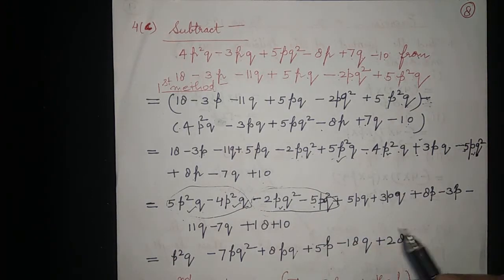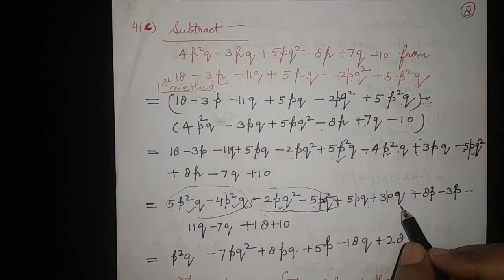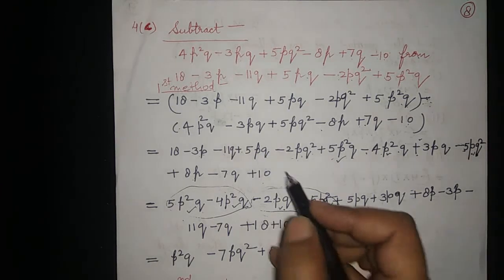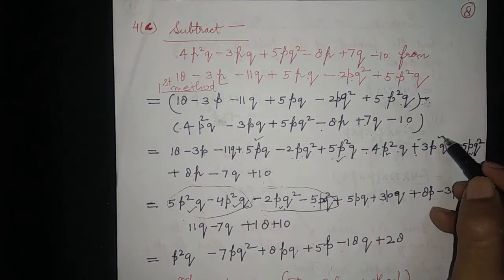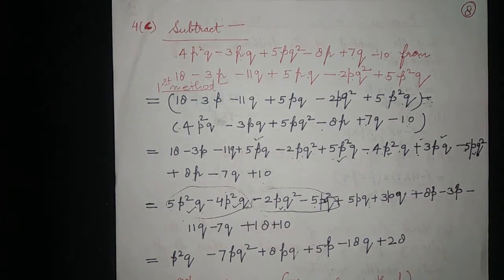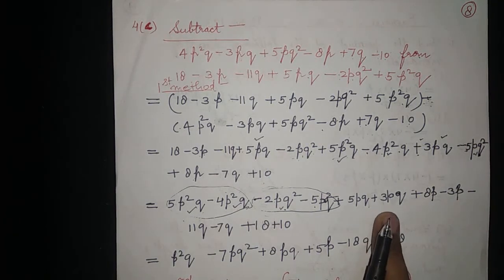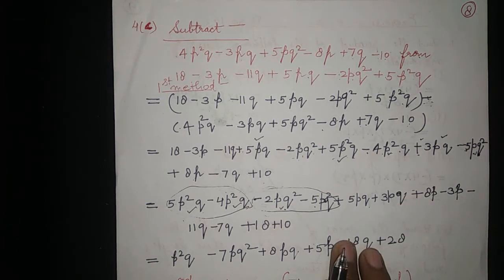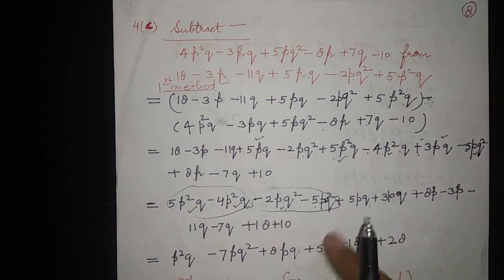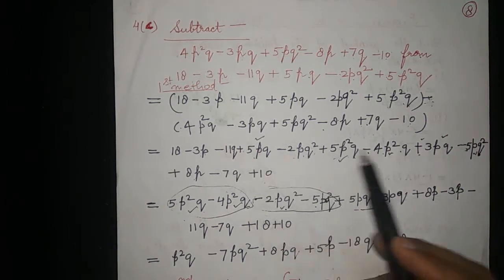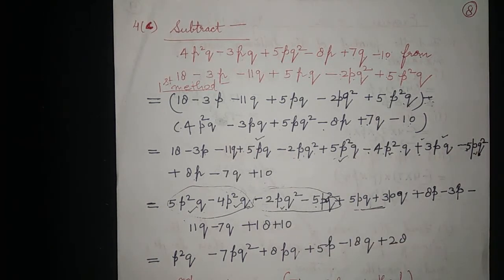Then 5pq plus 3pq you have to write, from where? This 5pq and this 3pq. Can you see any other term of such type? No, only these two terms with pq. So 5pq and 3pq you have written. Clear? Now 8p minus 3p.